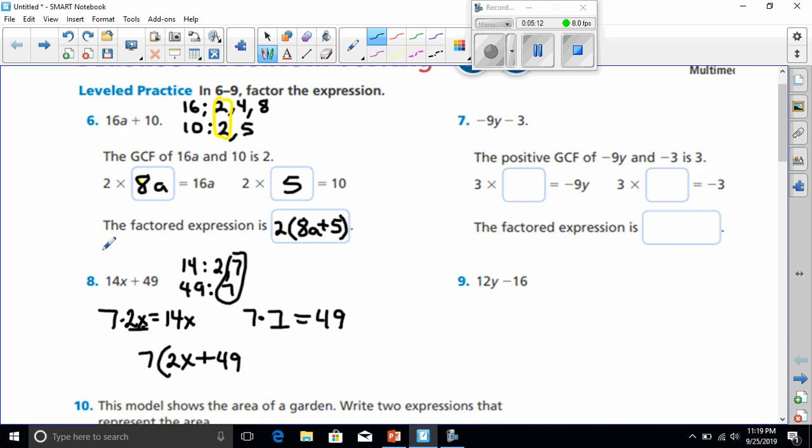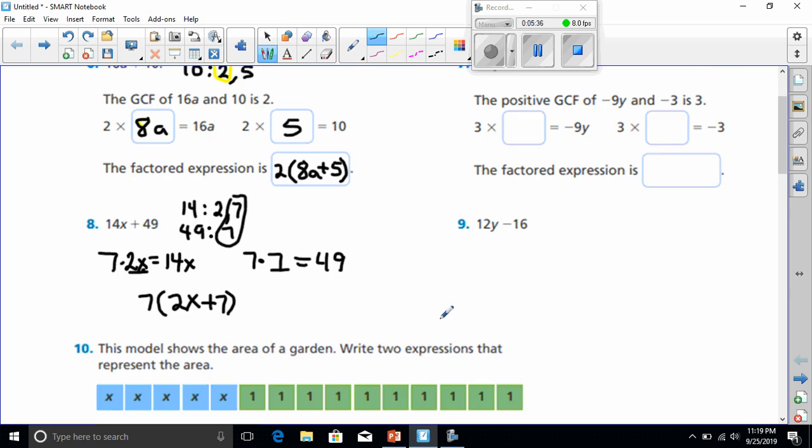Oh, sorry, I messed that up a little. Let's double check that. 7 times 2x is 14x, and 7 times 7 is 49. Number 9 is for you to do.